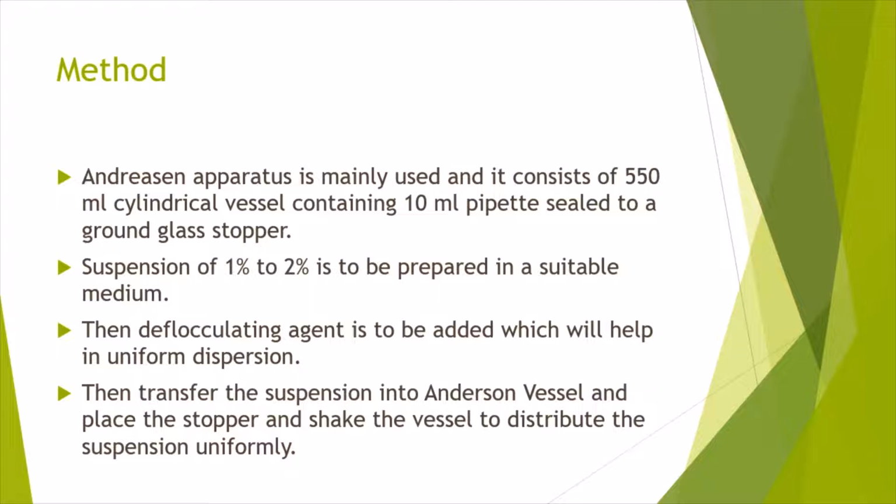Then a suspension of 1 to 2% concentration is prepared in a suitable medium. Then, in order to prevent the aggregation of the particles, a proper deflocculating agent is added. Then the suspension is transferred to the Anderson vessel, and the stopper is placed, and the vessel is shaken until the particles of the suspension get uniformly distributed.